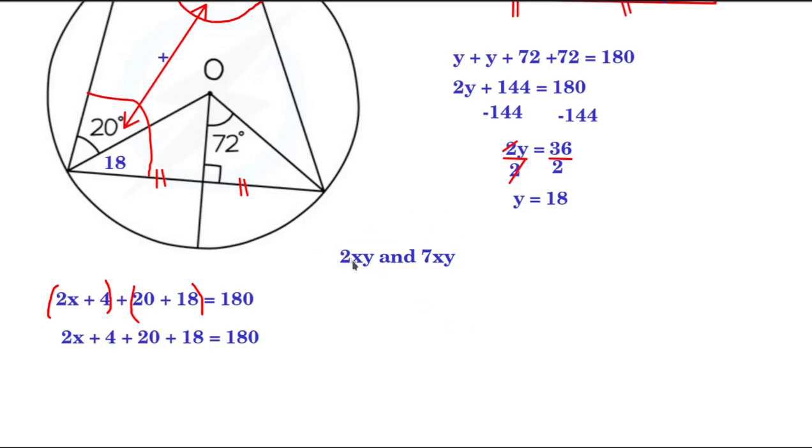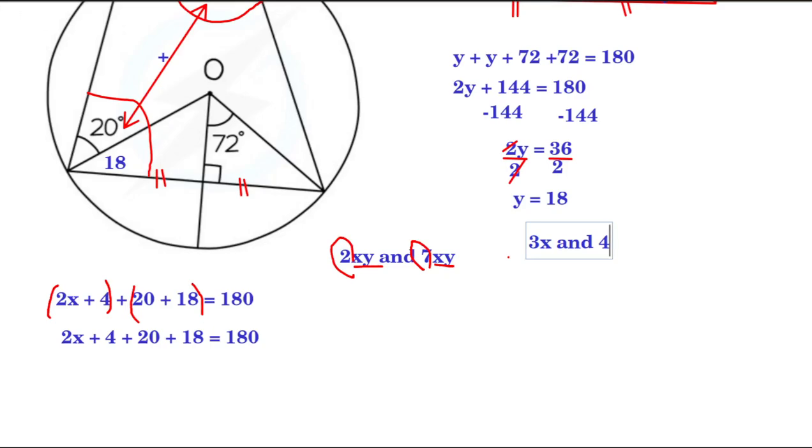They are attached to the same variables x, y, and they are both raised to the same power, which is power 1. So we call those two like terms. But for 3x and 4, they are not like terms.